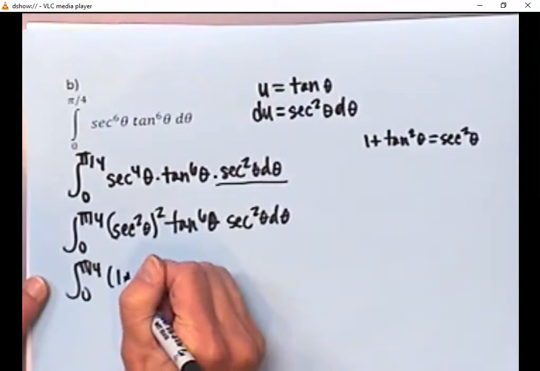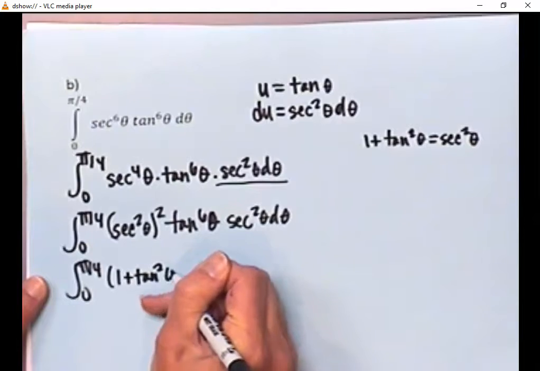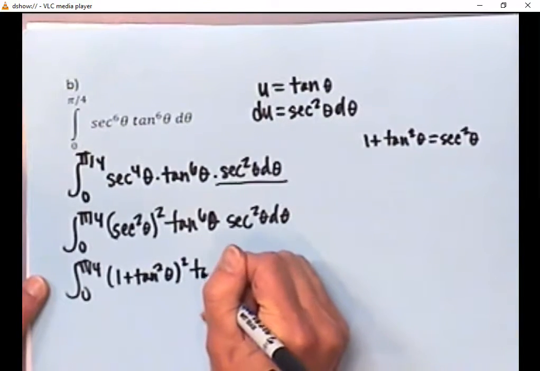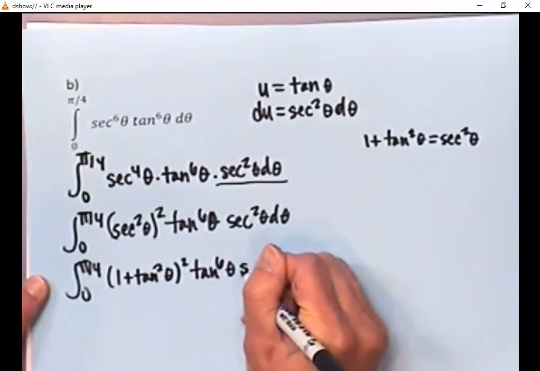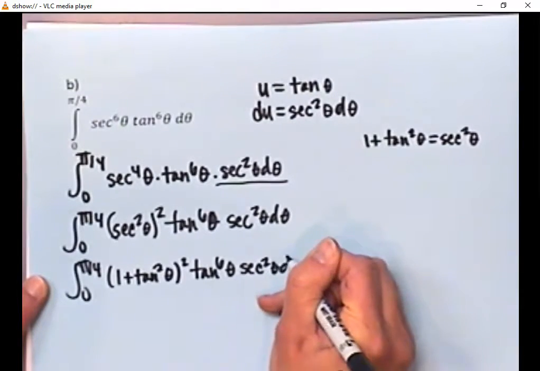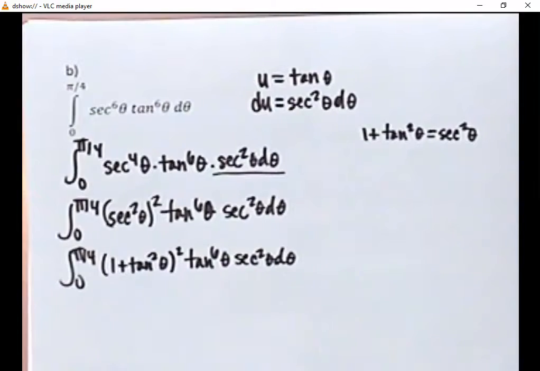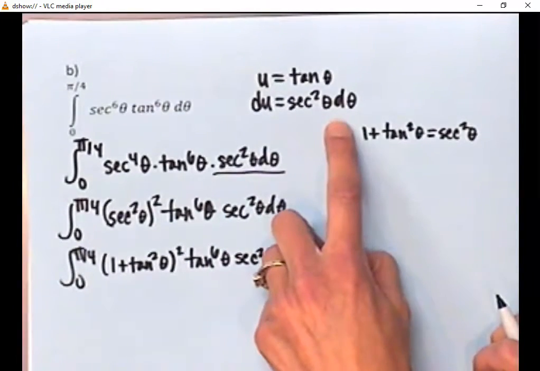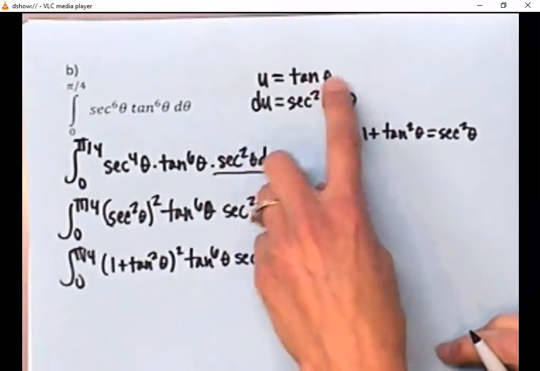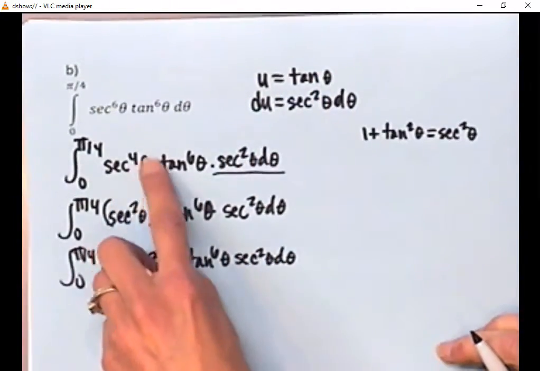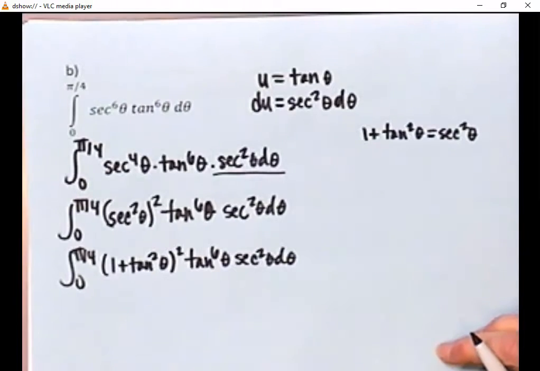So it just becomes 1 plus tangent squared all squared. Okay, so that's kind of what we did with sines and cosines. Sometimes we would save one out that was the derivative, and the rest we would try to put in terms of u. And so if there were secants left, we'd try to put it in terms of tangents. So we could do that with that identity.